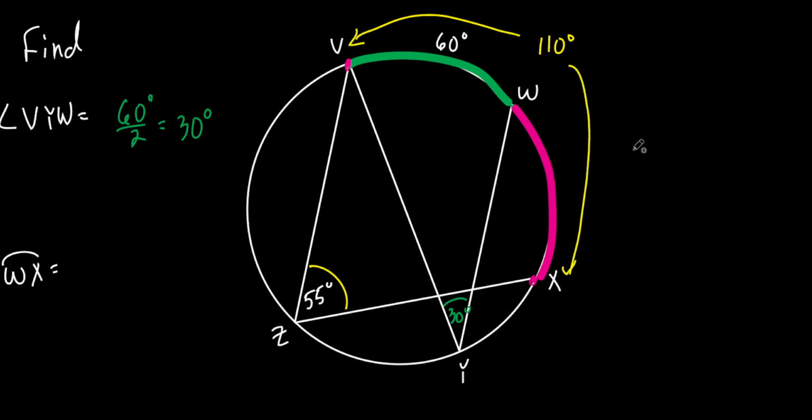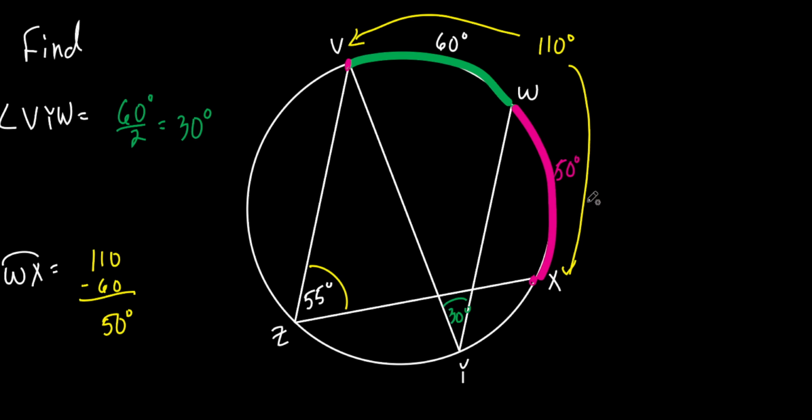Agreed? But we're just trying to find the pink one. Pretty easy. What do we do now? That's it. 110 minus 60, and that's 50 degrees. So this pink one is what? 50 degrees.